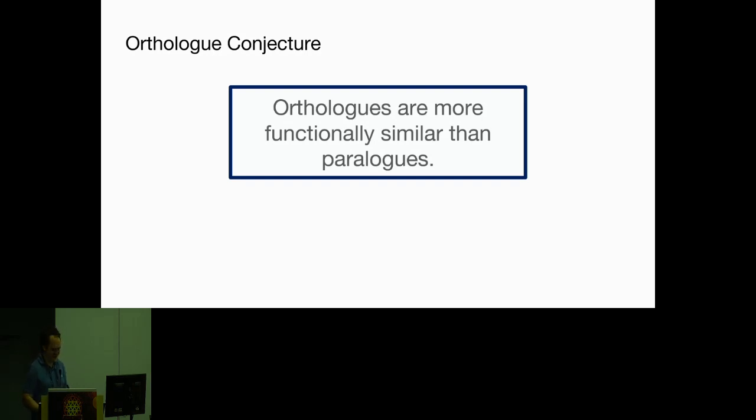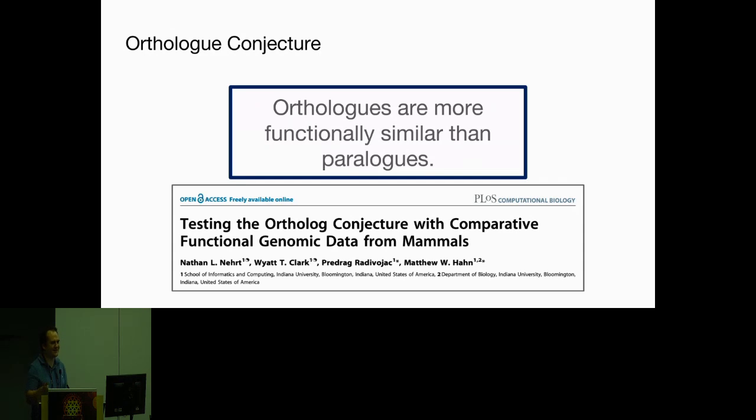This is related to what we're talking about, but not quite the same thing. Orthologs are more functionally similar, not equivalent, than paralogs. And there are members of the audience, Predrag and Wyatt, that have previously worked on this.